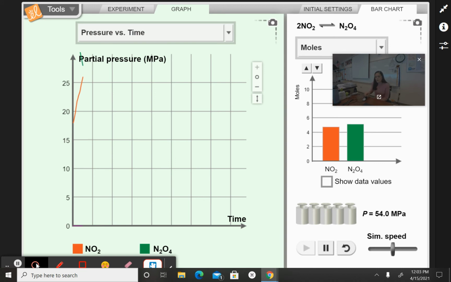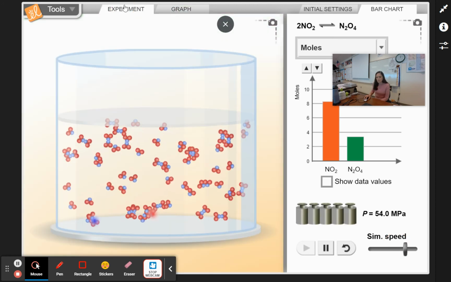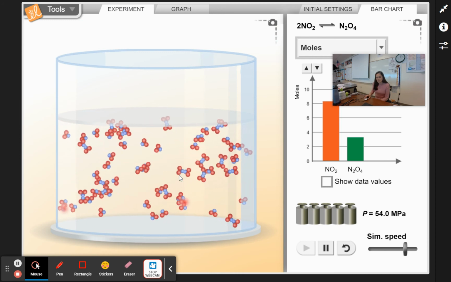You'll notice that the bars change as these concentrations become more and more. Okay, let's scoot this really quick. You'll notice that these partial pressures are constantly changing a little bit as we have this reaction going. You can speed up this reaction a little bit, get it going faster. You can see it on the graph.